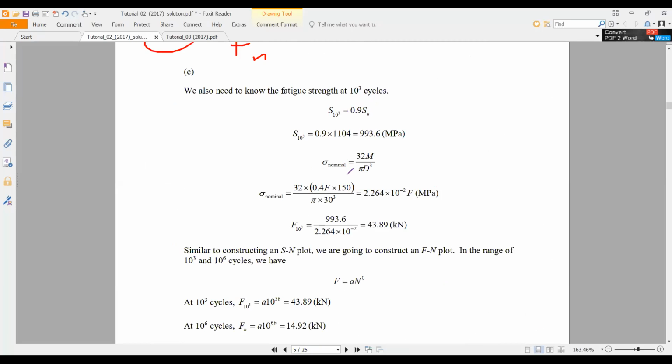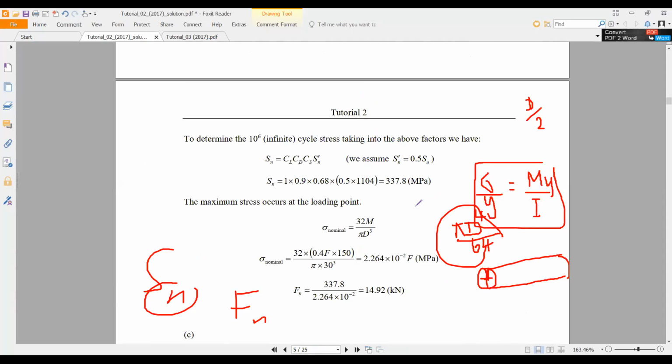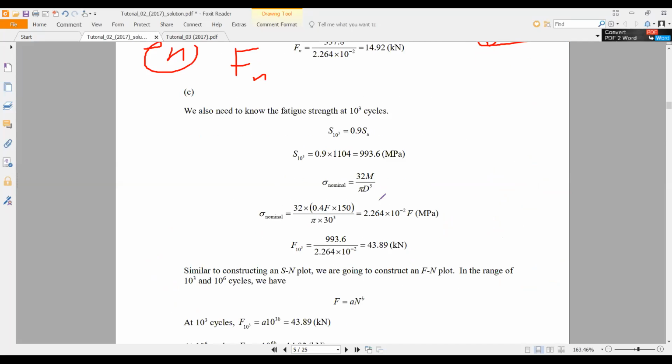Then in the same way you can find the load value at the 10 to the power 3 cycle, because this is stress or strength. So use that same equation. These two don't change, so you don't want to do this step again. You can use this one, and it should be equal to this value, and you will get the 10 to the power 3 cycle load value.